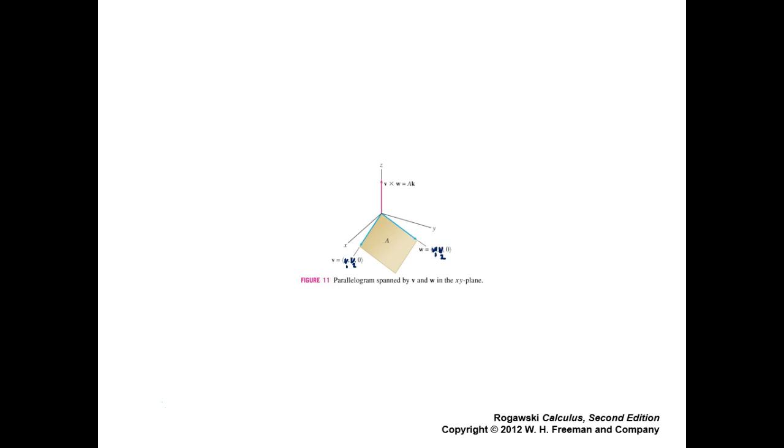Thus, we write v is v1, v2, 0, w is w1, w2, 0. The cross product then would be what? The area A here would be the magnitude of the cross product V cross W. And how do we do that one?